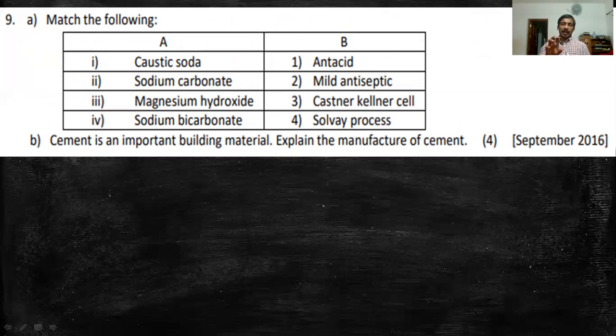Sodium hydroxide, that is prepared by electrolysis in the Kastner-Kellner cell. So caustic soda and Kastner-Kellner cell. Sodium carbonate is prepared by the Solvay process. Magnesium hydroxide is an antacid. Sodium bicarbonate is a mild antiseptic. This one is also a repetition.